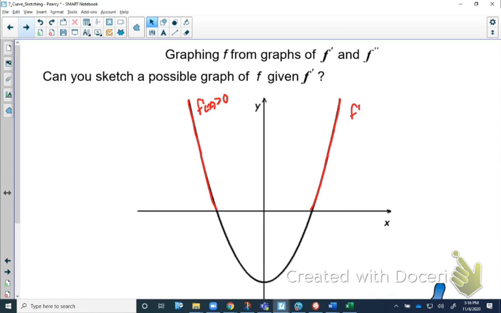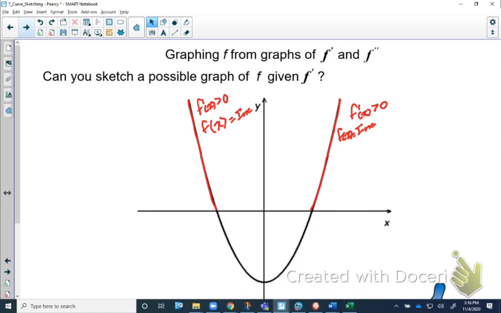So here, f prime of x is greater than 0. That means that the function needs to be increasing. So here, f, not the derivative, f of x must be increasing. Same thing here. f of x must be increasing.